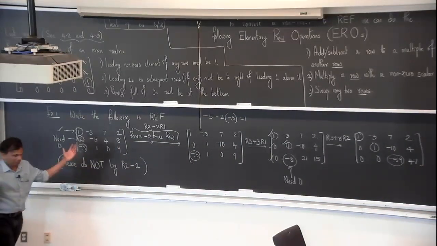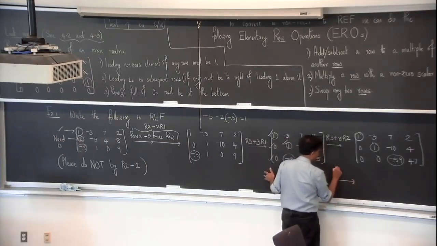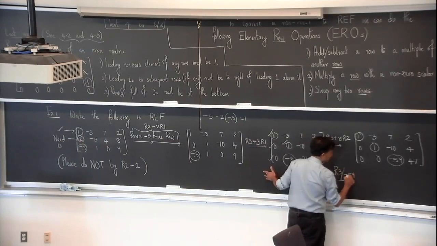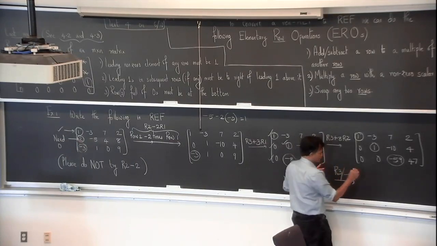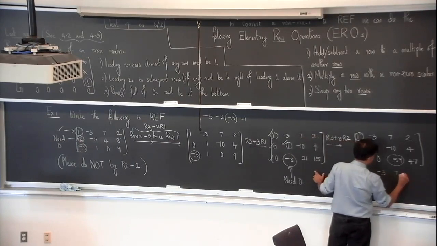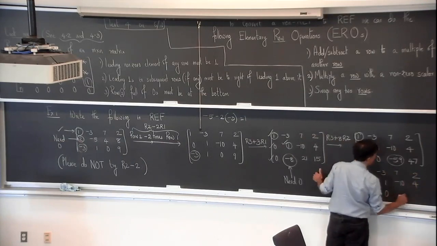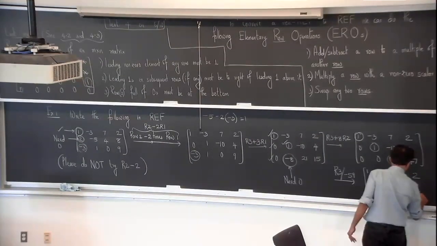So divide by -59. Okay. So R3 divided by -59. Again, you cannot add 60 to it. Okay, so R3 over -59 is 1, -3, 7, 2, 0, 1, -10, 4, 0, 0, 1, -47 over 59.